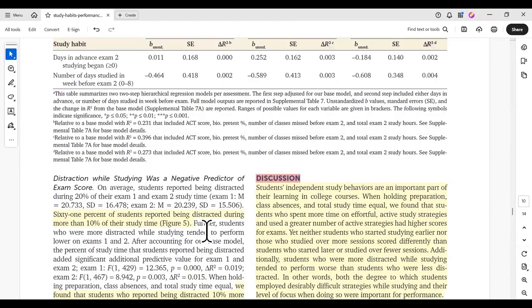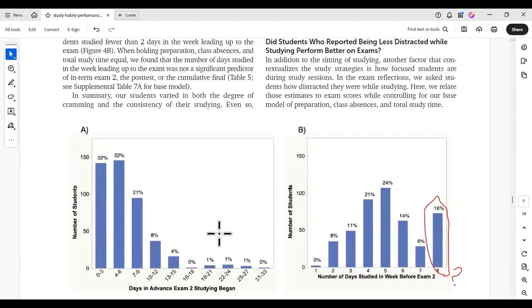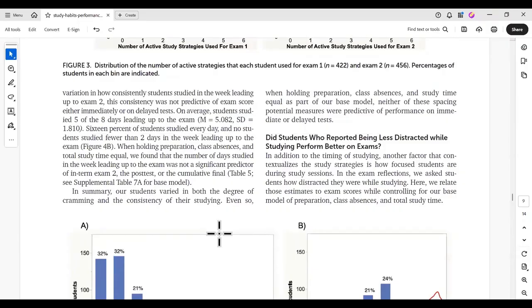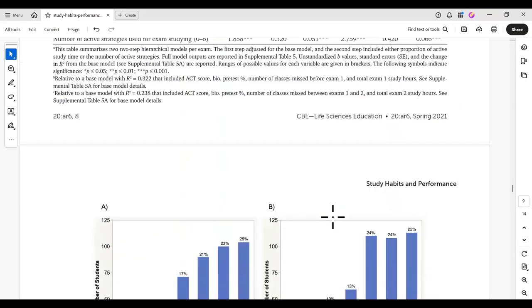So notice that the authors report the mean and the standard deviation, just like I've been telling you all semester. And they're also reporting their p-value and talking about if their hypothesis was supported or if it was contradicted.